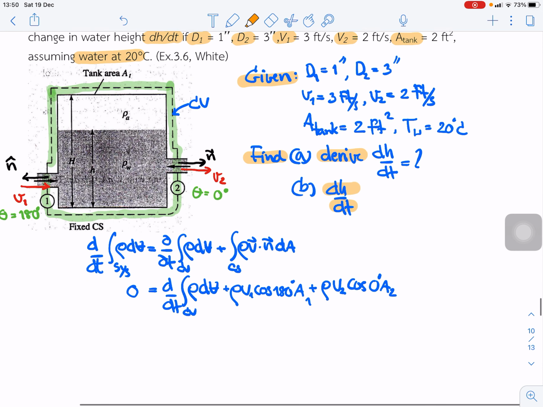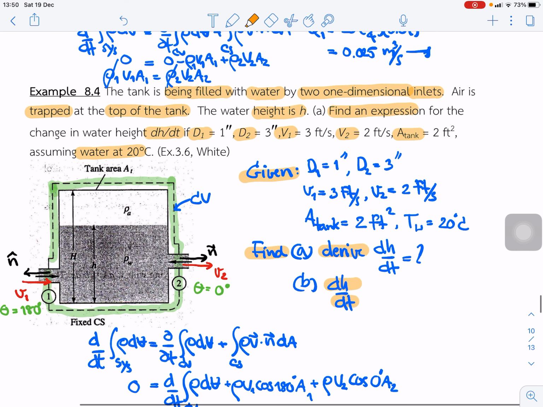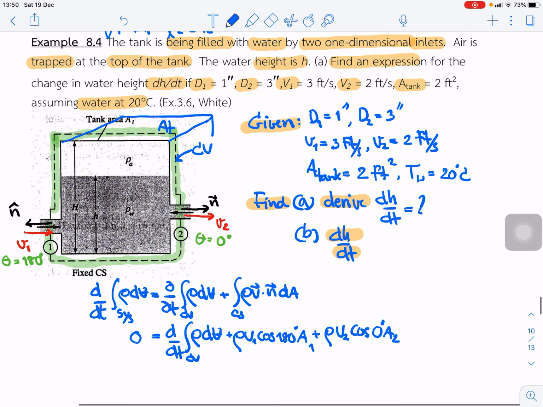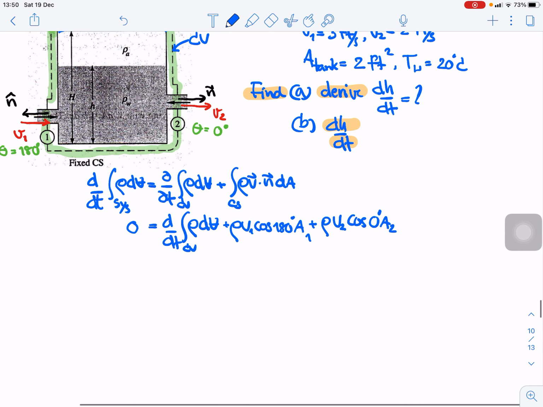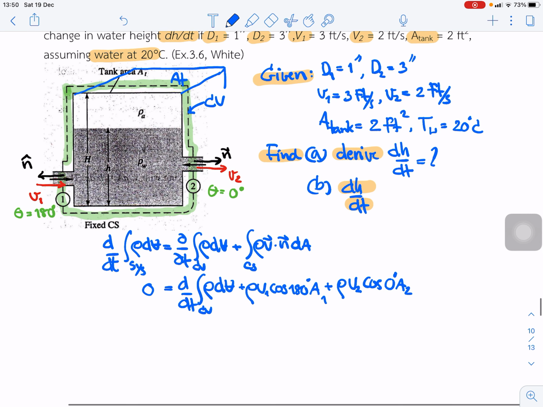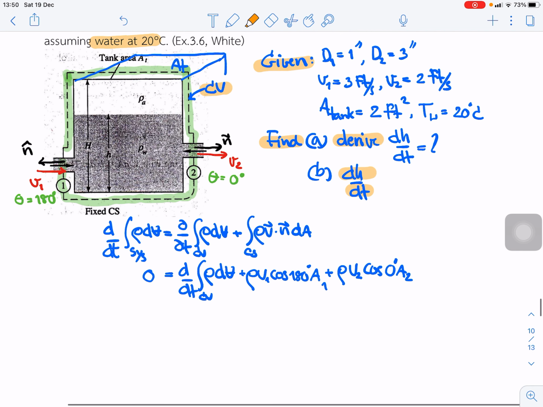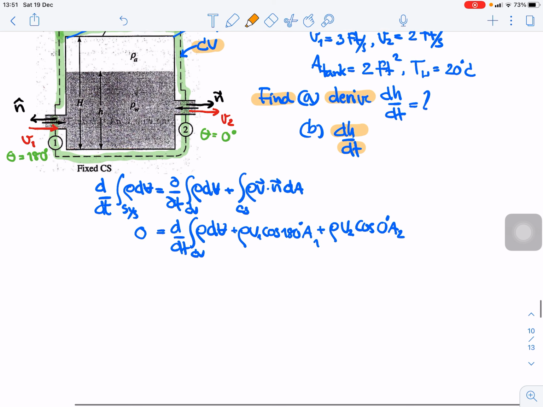We start from the fact that this tank is actually a three-dimensional tank, with area A tank. We can apply the Reynolds transport theorem and the control volume based on the dashed line along the tank.